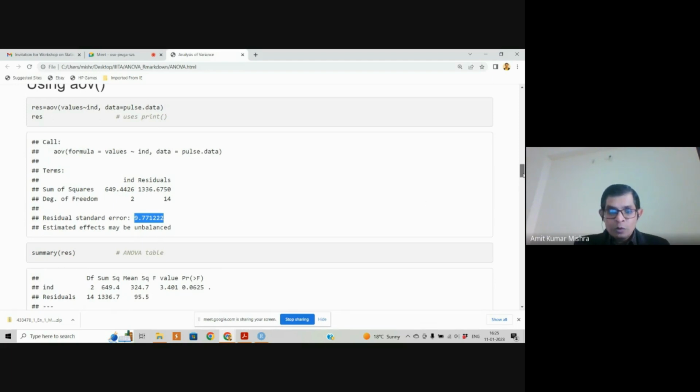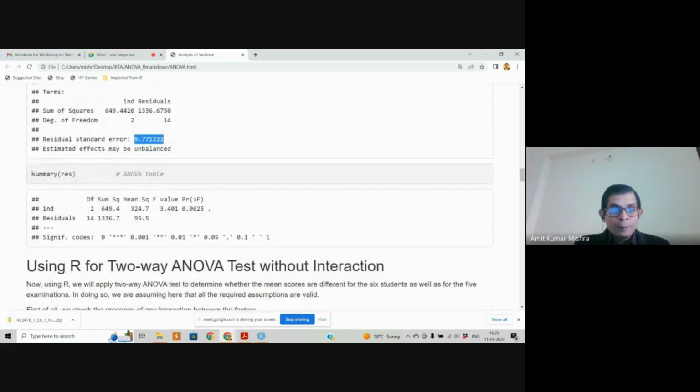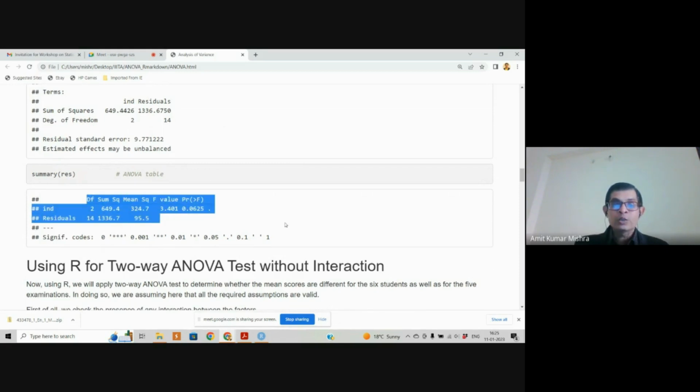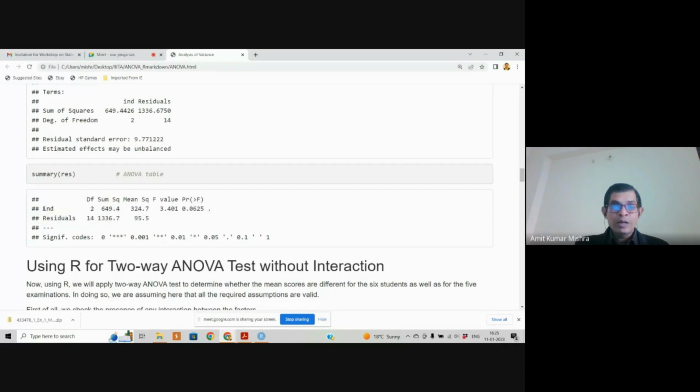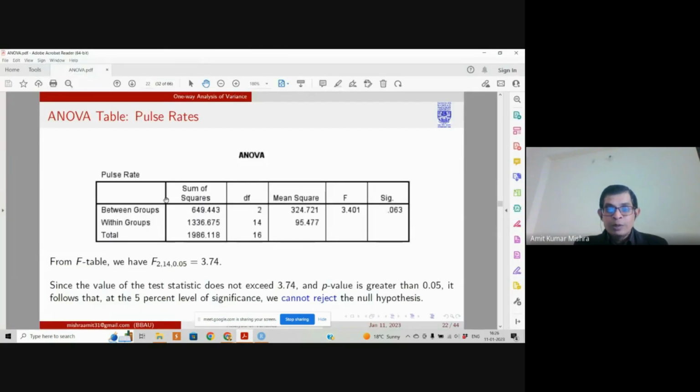So if you write down summary(res), it will exactly provide you the analysis of variance table. You can see here, analysis of variance table. We have ind, we have residuals. It is not going to give you the total degrees of freedom 14. That means it is giving you this table without the last row.